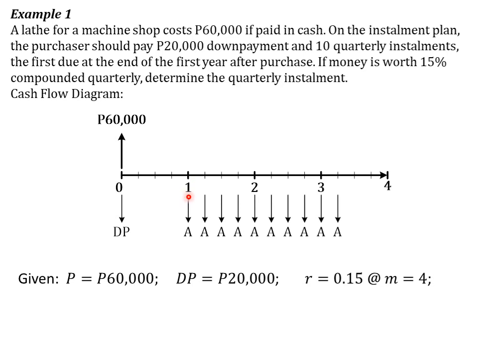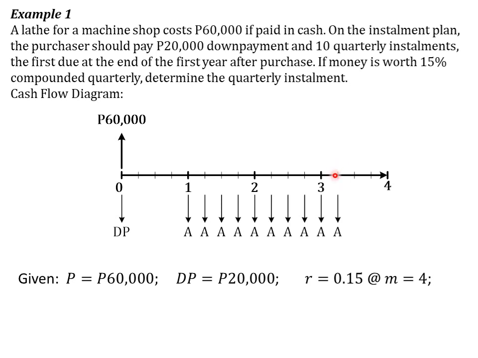So, starting at the end of the first year, you will have 10 quarterly installments. So, I have here, every year, I divided it into 4 segments. So, first year, you have first payment, then quarterly, until 10 installments. Okay, so it ended up at 3 months after the third year.